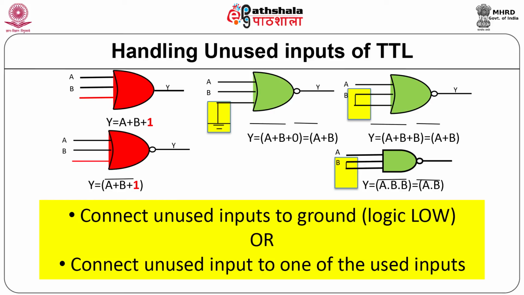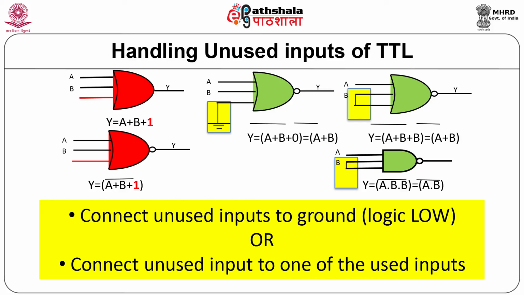Say in case of the first type of OR gate, where A and B are inputs and the third input is unused, then output Y is A plus B plus 1. So there is always 1 at the output even if A and B are both 0, 0. So such an input can be connected to ground.